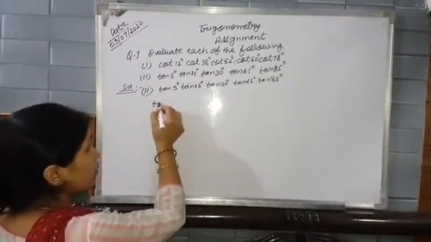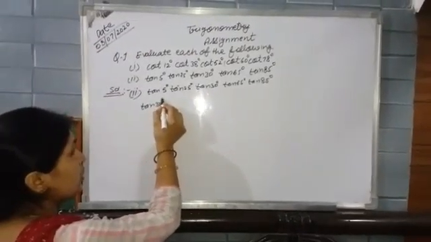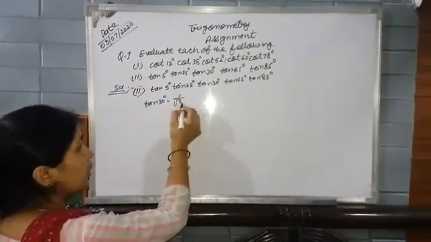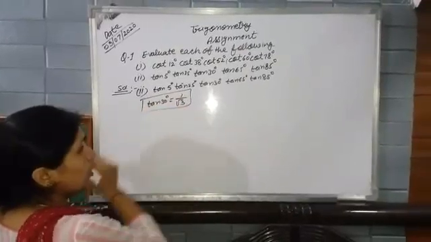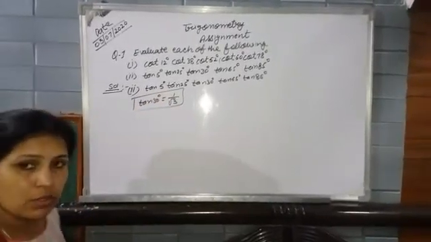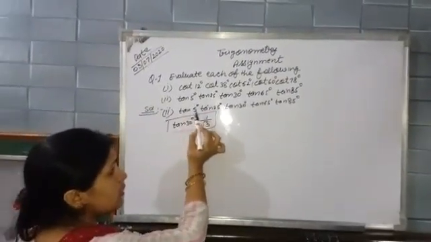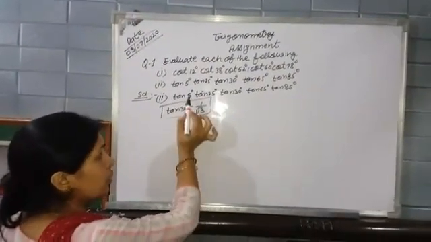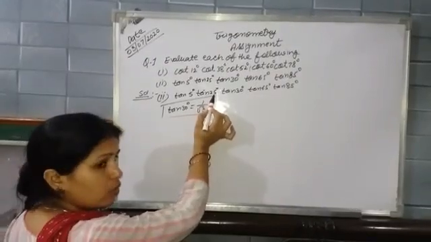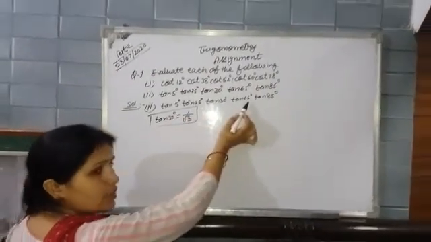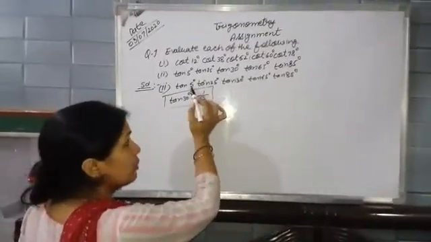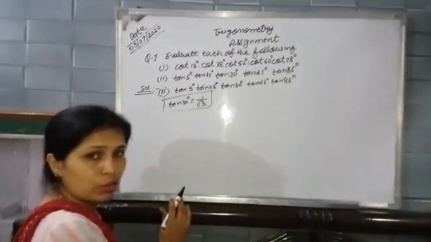What is the value of tangent 30? Tangent 30 is 1 divided by root 3. Now the same procedure we have to apply in this part also. Check whether the sum is equal to 90 or not. Yes, 5 plus 25 is not equal to 90, 5 plus 65 again not equal to 90, but 5 and 85 is equal to 90.